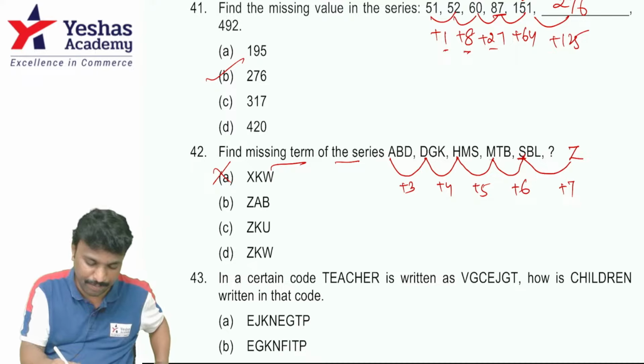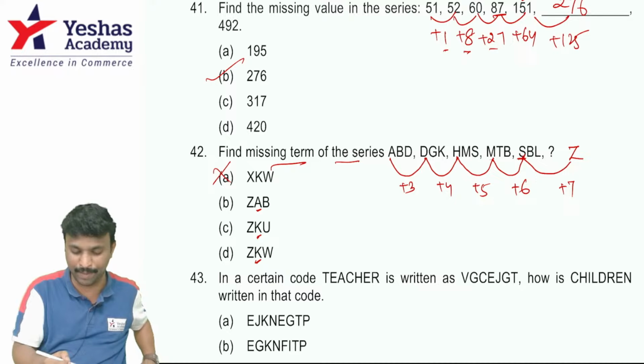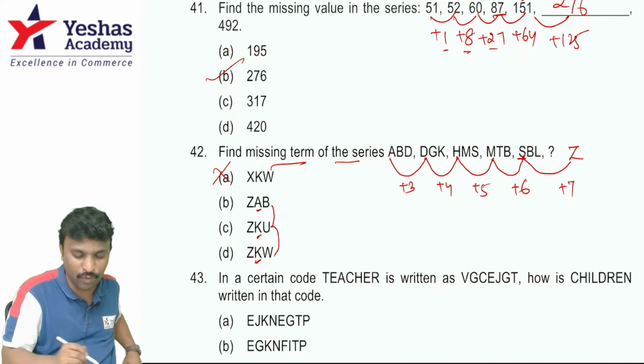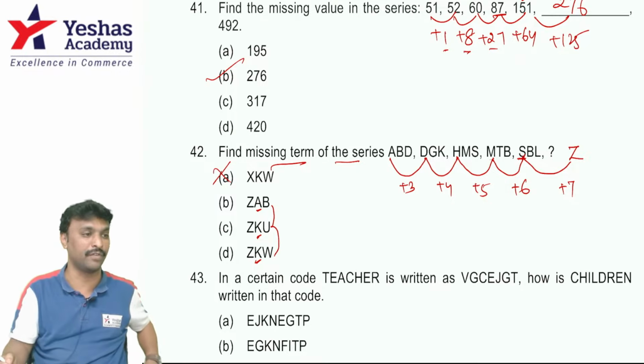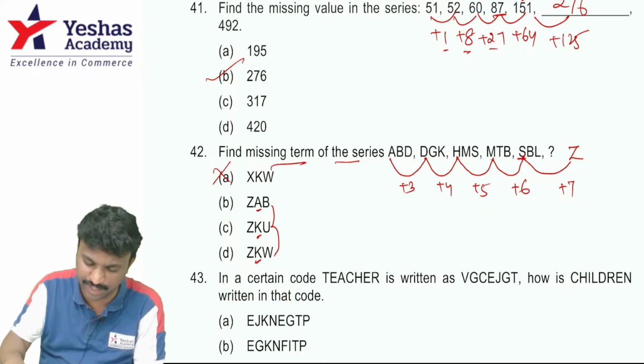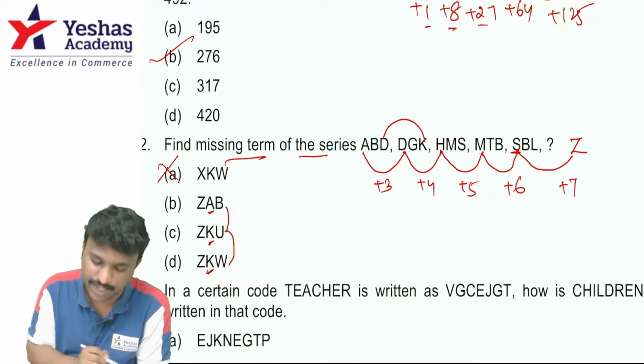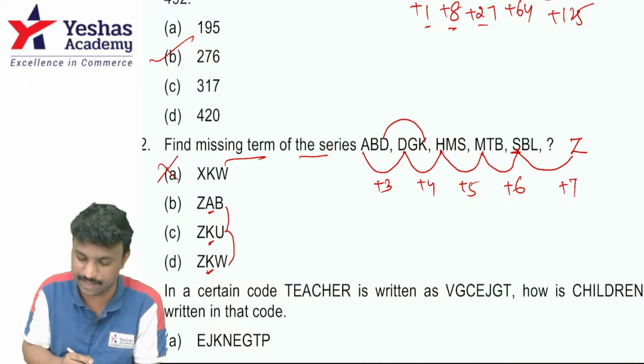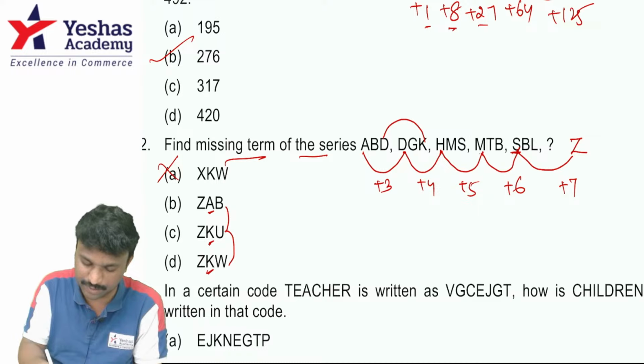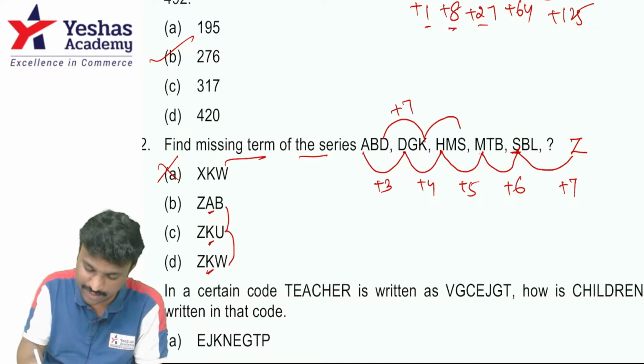If you look at the second letter, in the options it looks the same. So in all the three options, what is different? The third letter is different. So try to obtain the pattern for the third letter. No need to check the second letter pattern. Third letter pattern, D to K. D is the fourth letter, K is the 11th letter, so plus 7. K is the 11th letter, S is the 19th letter, so plus 8.